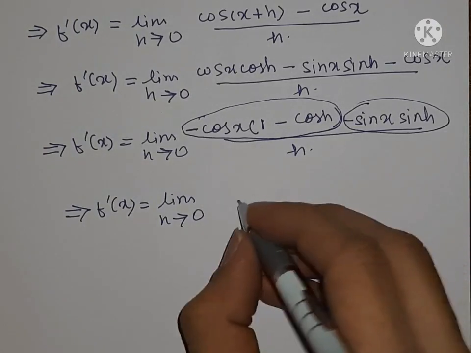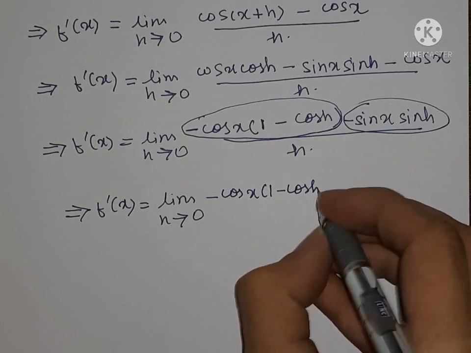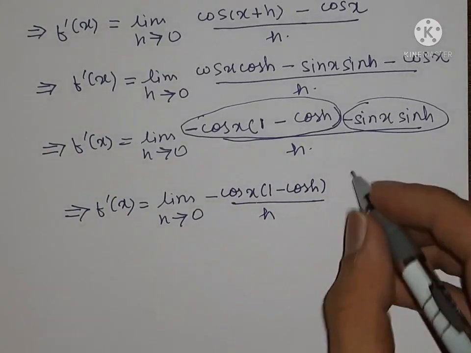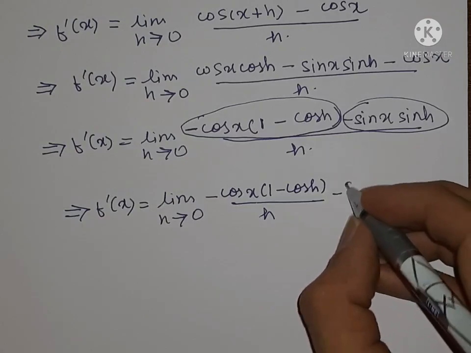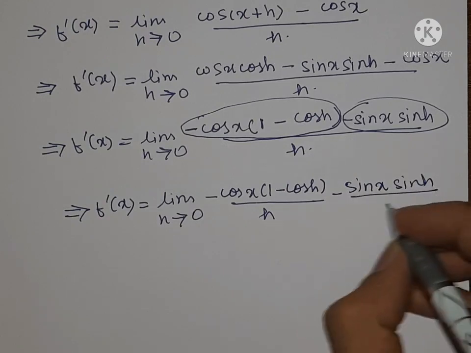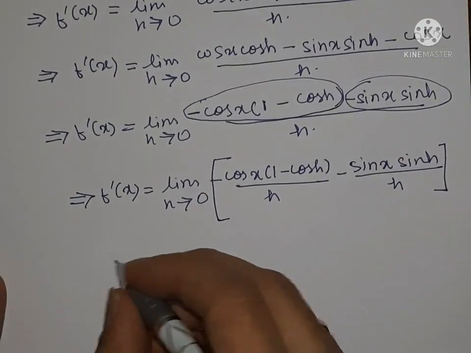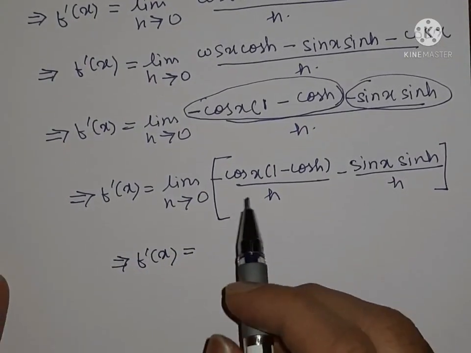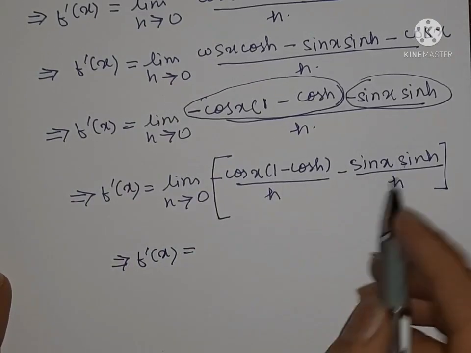Now we can divide this h to these terms of the numerator. So what will happen? Minus cos x multiplied by 1 minus cos h divided by h, and minus sin x multiplied by sin h divided by h. Okay. So this will imply f prime of x is equal to, now we can split this limit into these two terms.